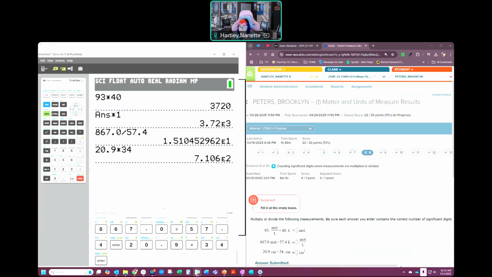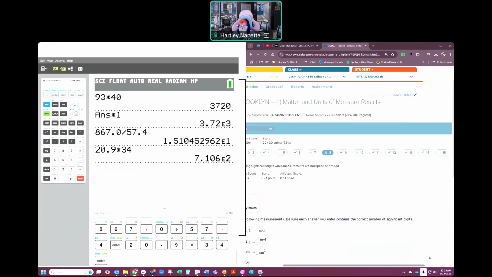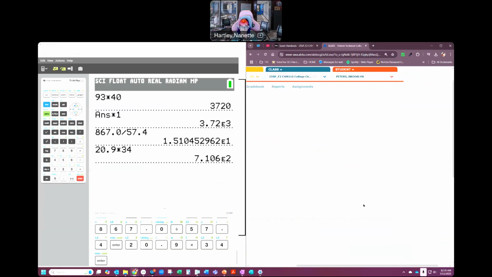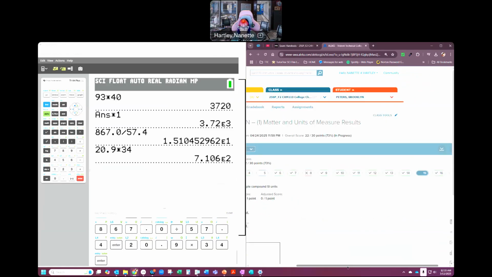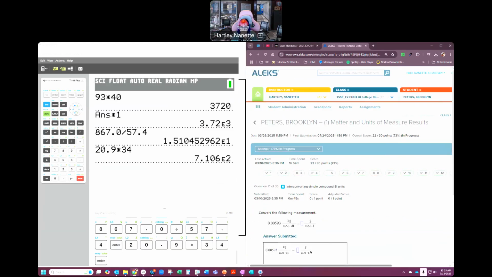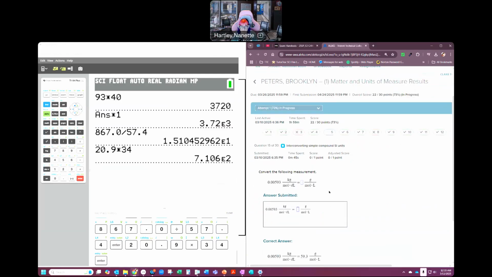15. So again, we have kilograms per mole deciliter. And again, this is going to be a similar conversion to what we did before.